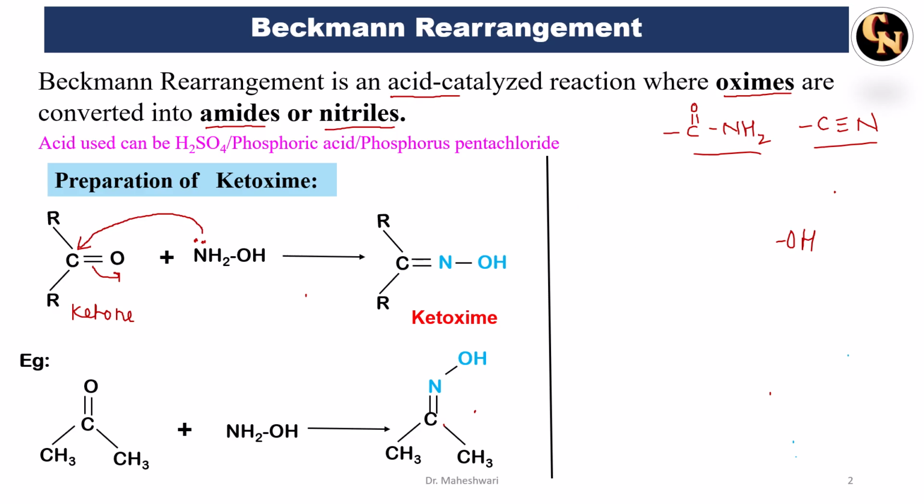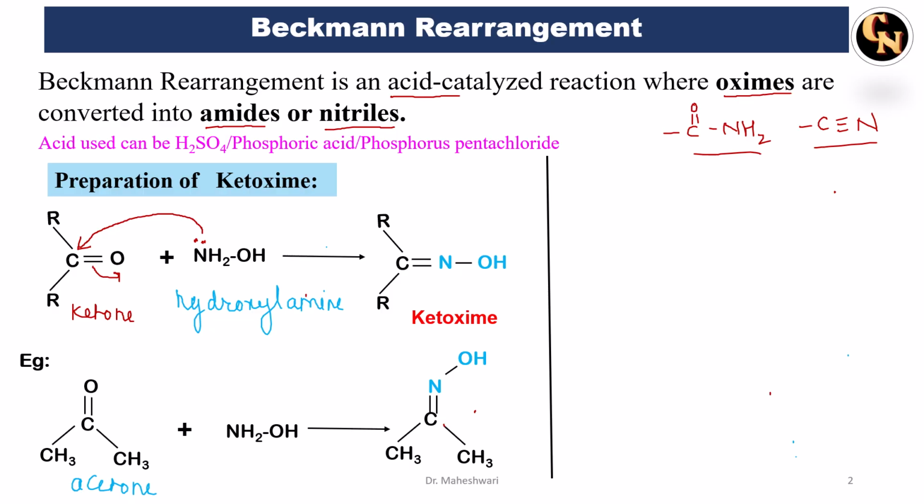So if we take acetone, that is CH3 C double bond O CH3, which we have shown on the screen. Example of acetone we have shown here. So I'll write it down here. Acetone is reacting with hydroxylamine. Okay, so NH2OH is hydroxylamine.